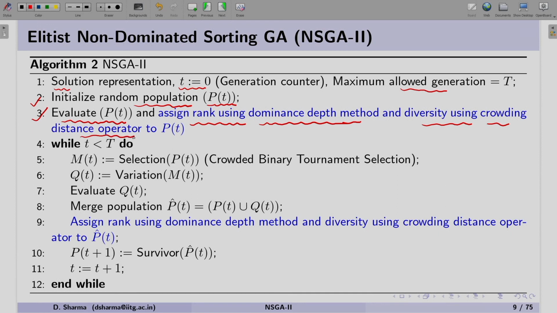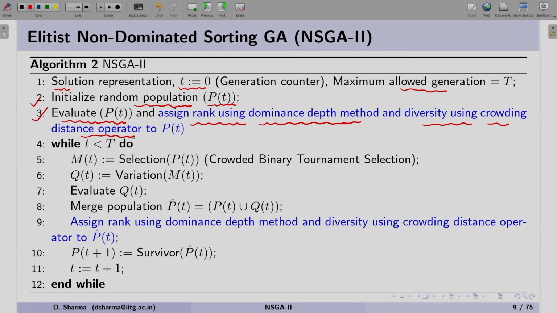This dominance depth method we discussed in the previous sessions, that this particular method makes different fronts such as front 1, front 2, front 3, etc. and it is sorting the solutions in different fronts.